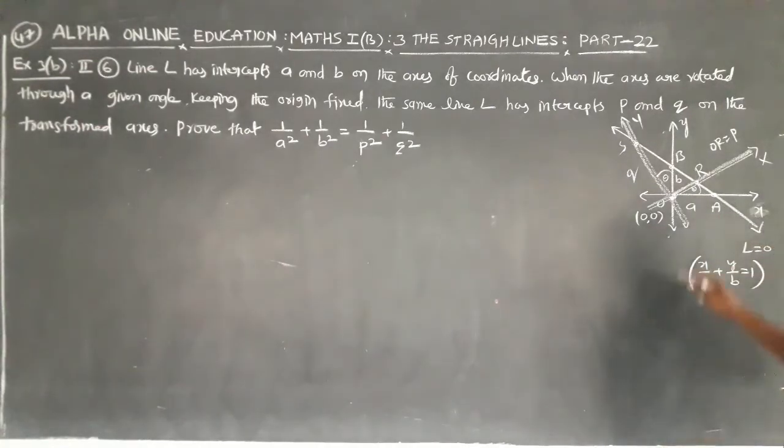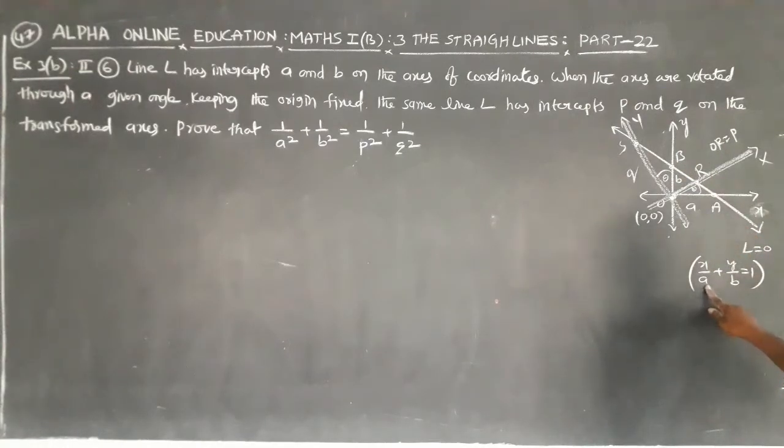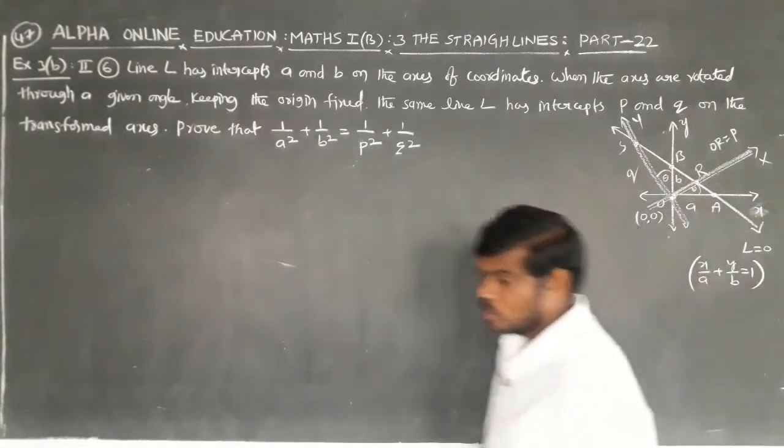First of all, the line makes intercepts small a and small b on the old axes. The equation of the straight line is x by a plus y by b is equal to 1, so the x-intercept is small a and the y-intercept is small b.